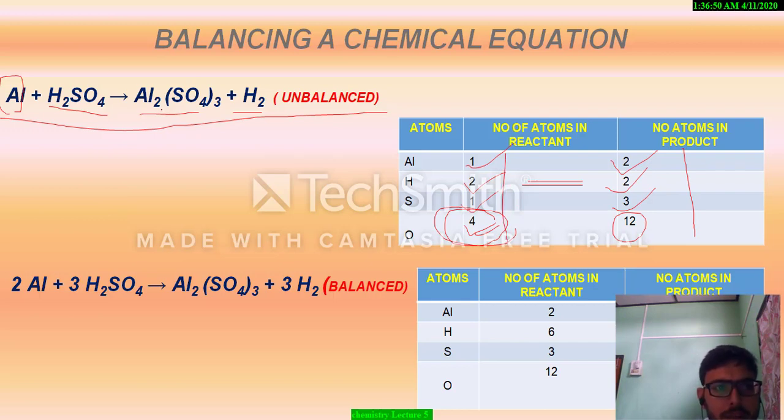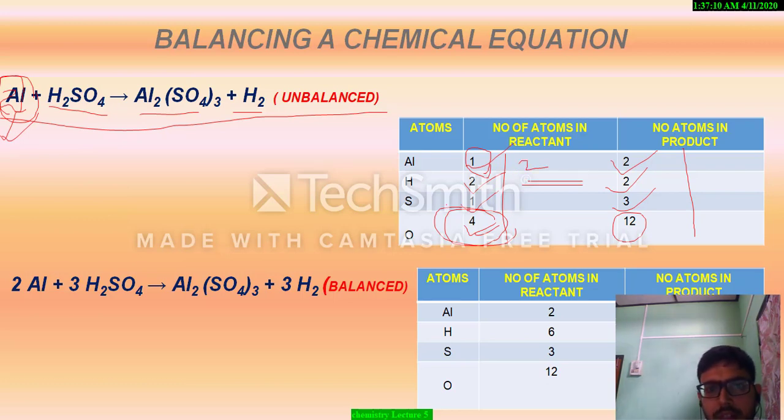Similarly, there are 2 aluminium atoms in the product side but 1 aluminium atom in the reactant side. So what we can do, we can put a 2 here. If you put a 2, then the problem of aluminium is solved, both sides 2, 2.